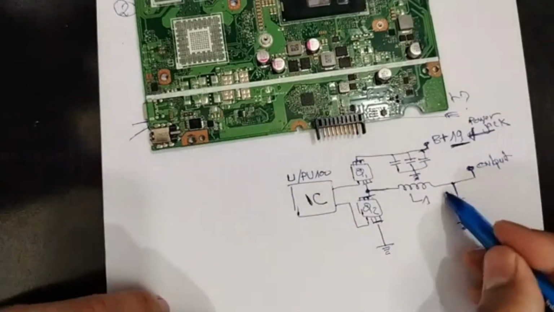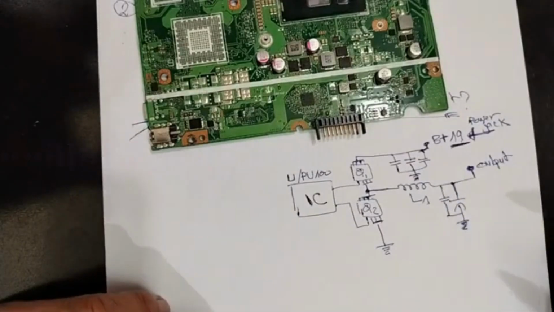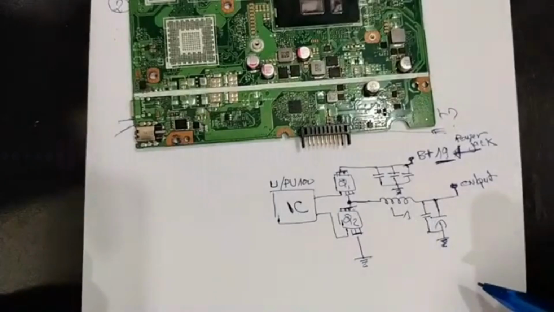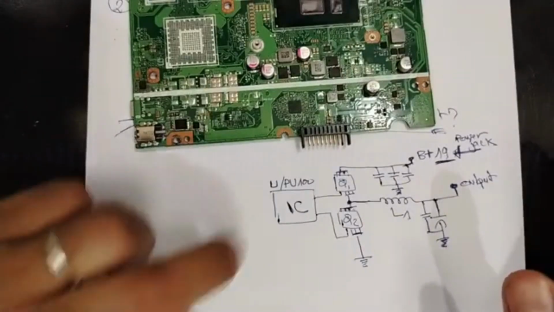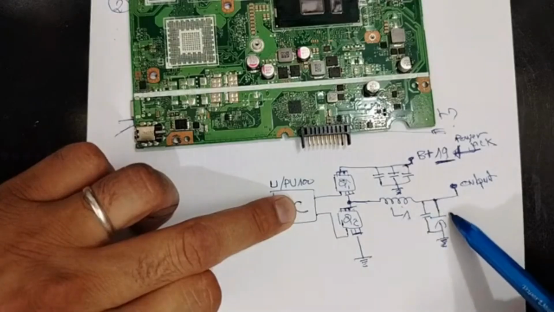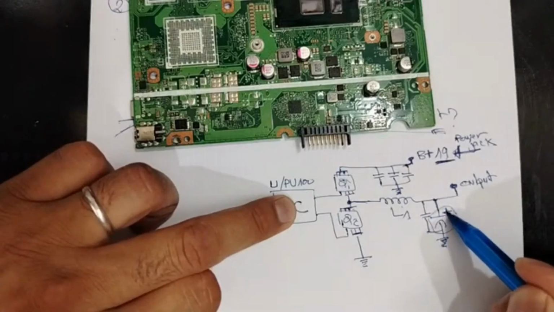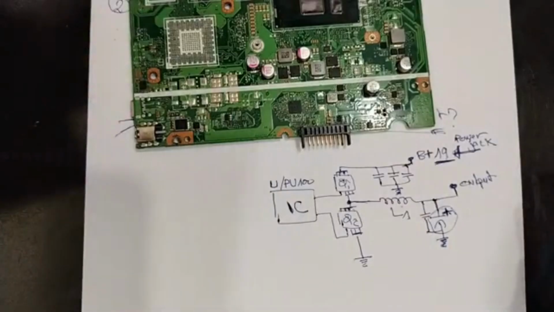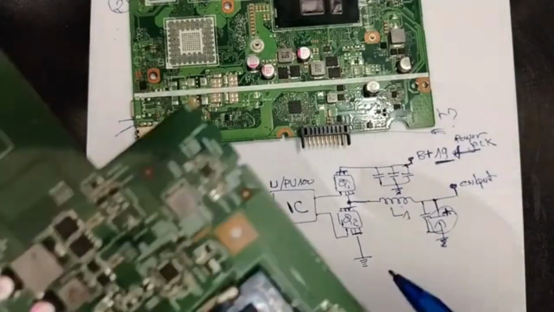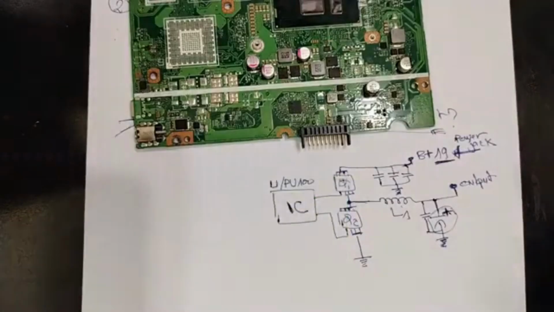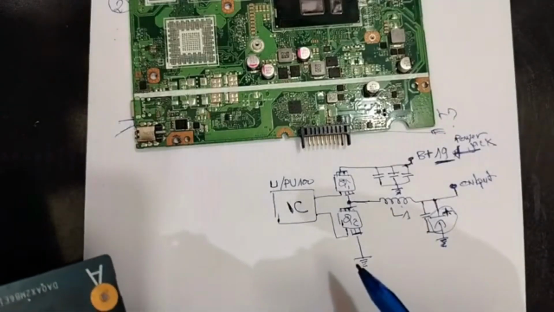So basically, here you can also find a ceramic capacitor, no problem, no worry. So guys, this is basically the basic circuit in the motherboard. I see MOSFETs, capacitors in the input, coil, and electrolytic capacitor or polarized capacitor in the output. Every circuit, you will find the same components in every circuit.